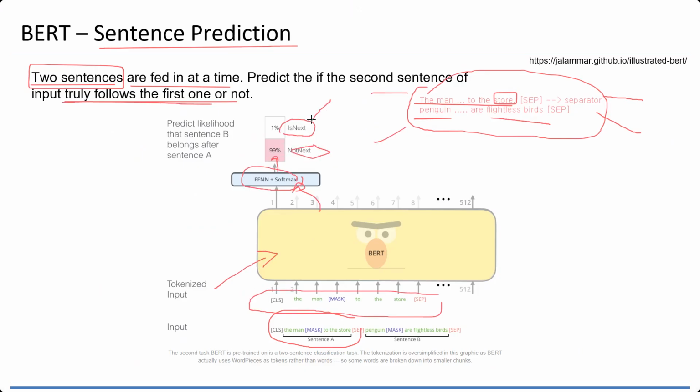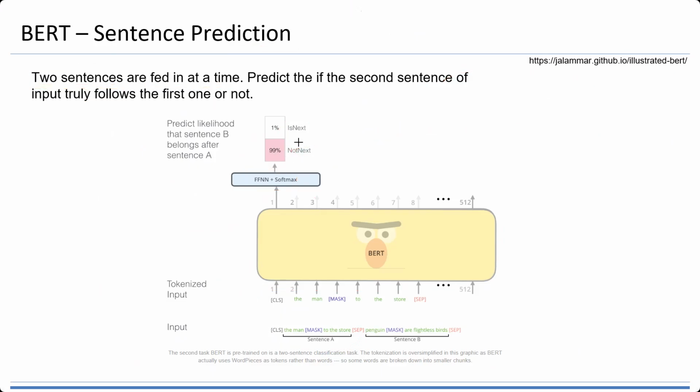Is next means the second sentence can follow the first sentence. Not next means the second sentence does not truly follow the first sentence. Because this context is totally different, that's why the probability of not next is high.